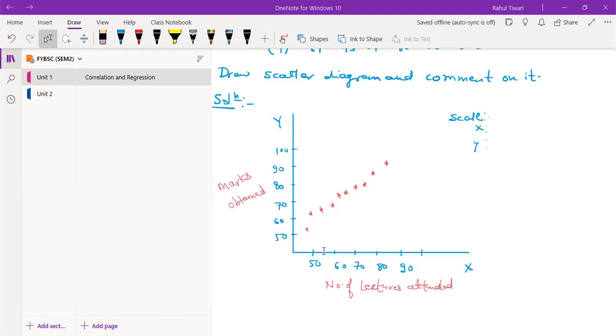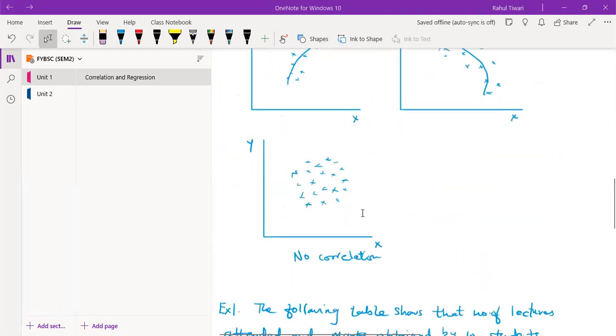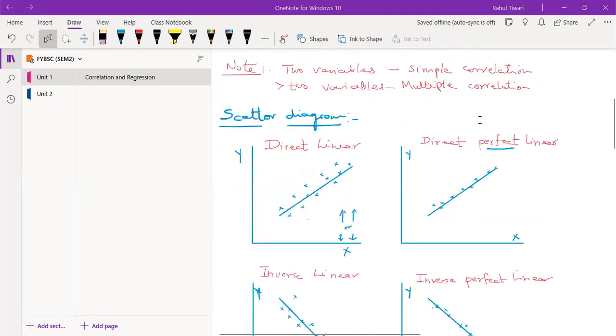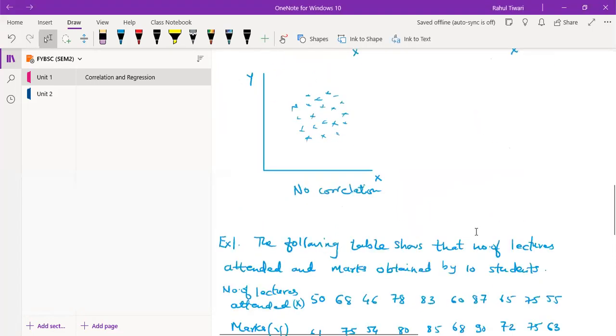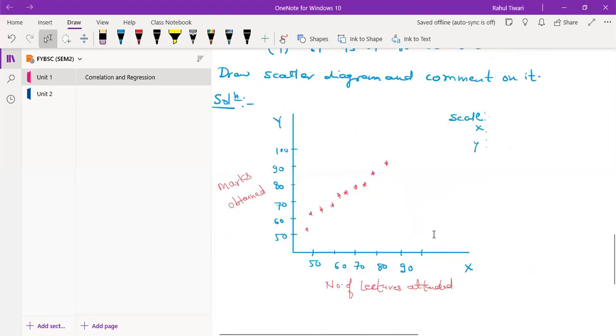But can you say it is a perfect linear relationship? If you try to imagine a line, not all the points belong to the line.